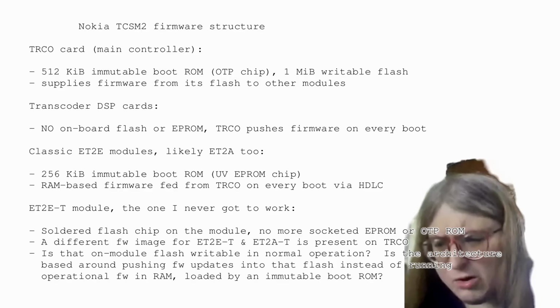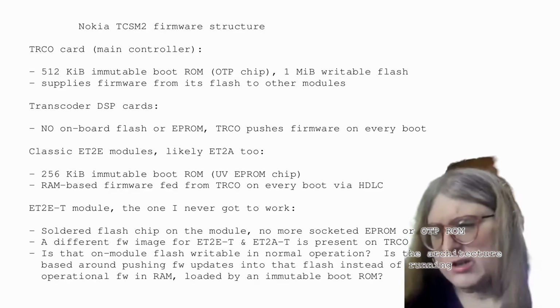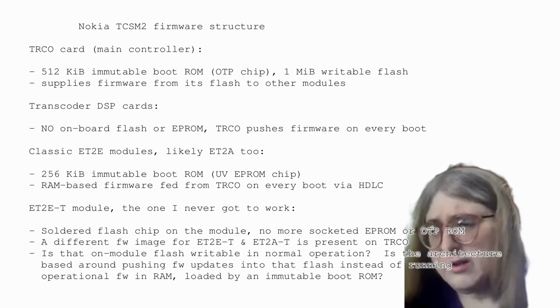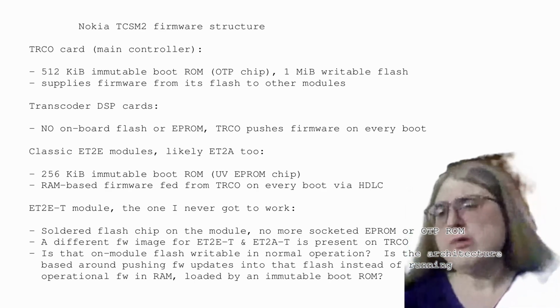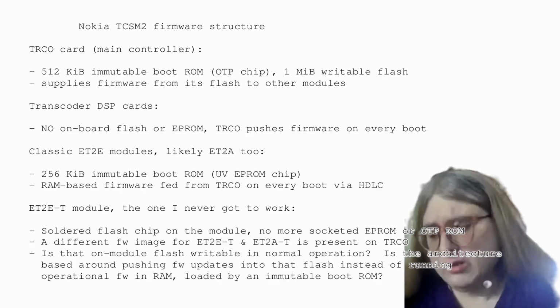But also, another thing, because now it's a writable flash, it's very unclear if it still acts as a boot ROM-like thing, where the operational image still runs from RAM all the time, or if they actually have the operational image in flash on the module.